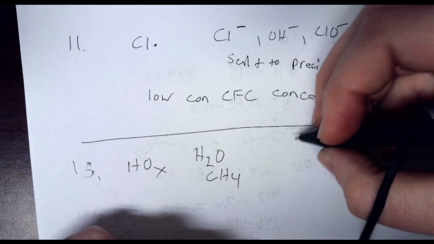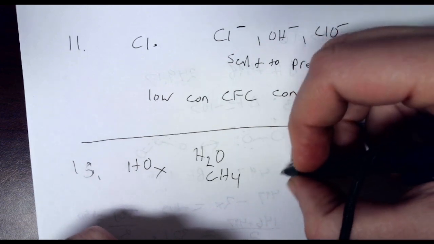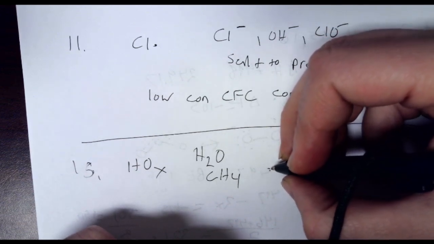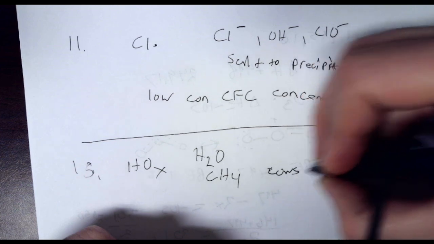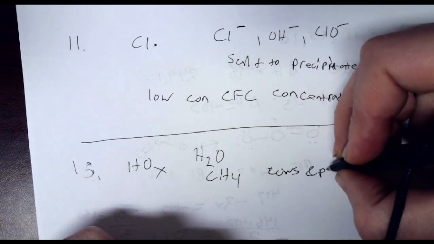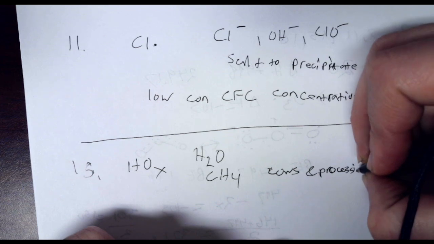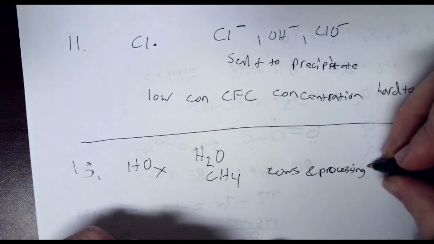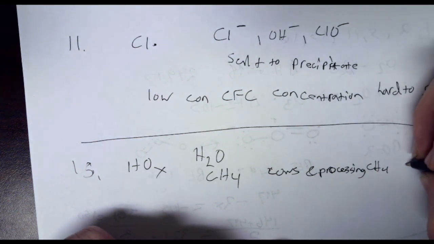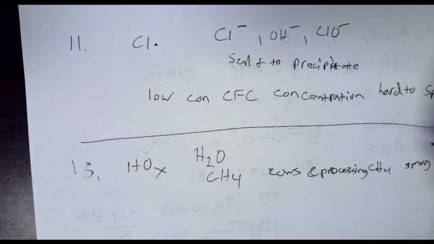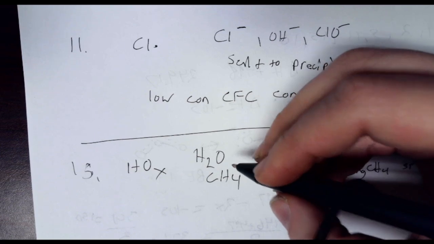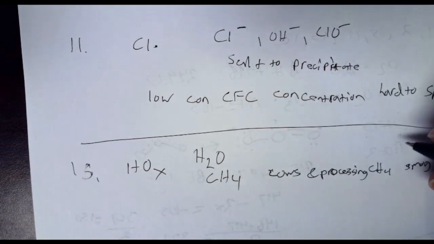Now, the water or the methane could be from cows and processing of the methane gas, as well as smog can help do that. Incomplete combustion. That smog can also produce our HOx.